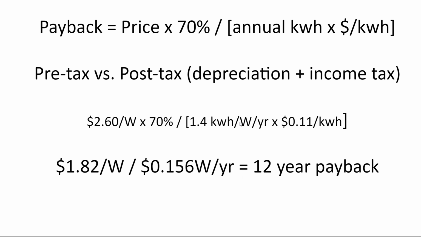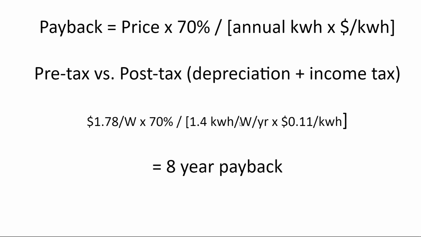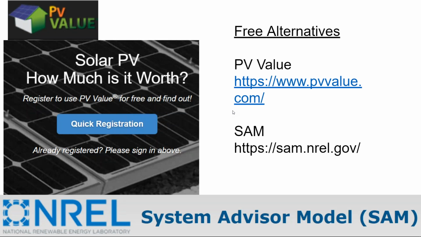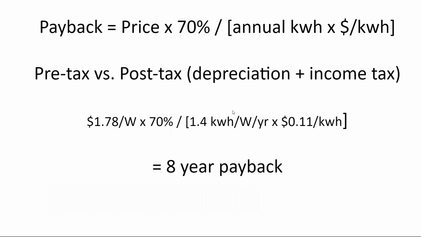So here we're doing an array at $2.60 a watt versus an array at $1.78 a watt. Installation price matters. Now, it's a little bit harder to do this with commercial solar for a couple of reasons.